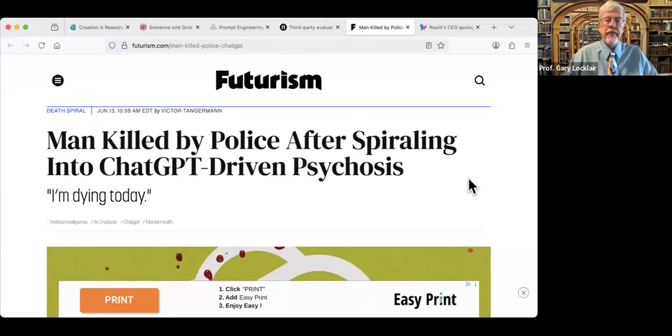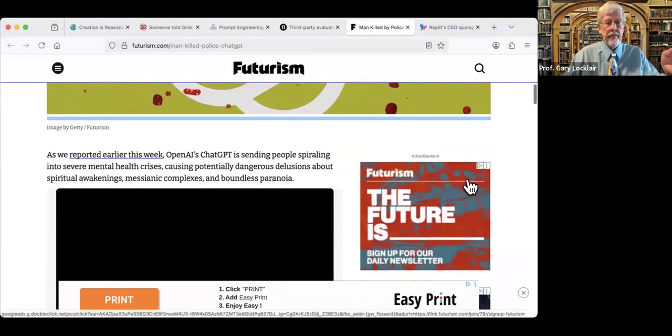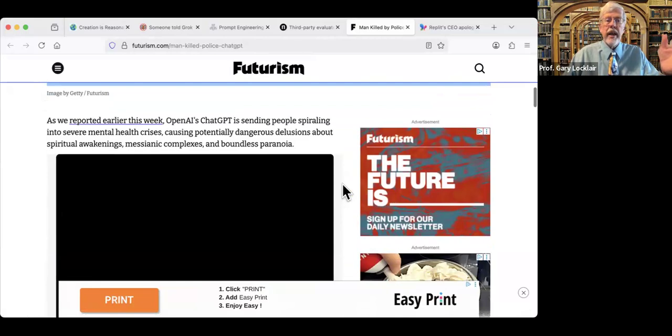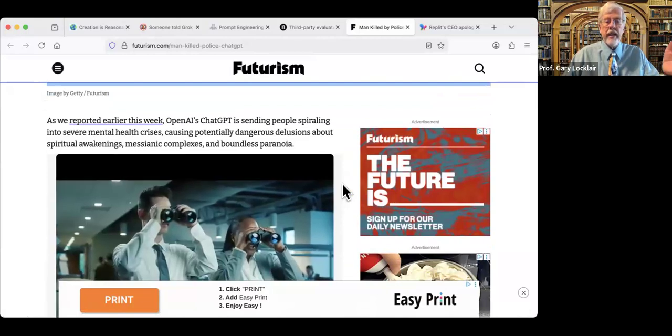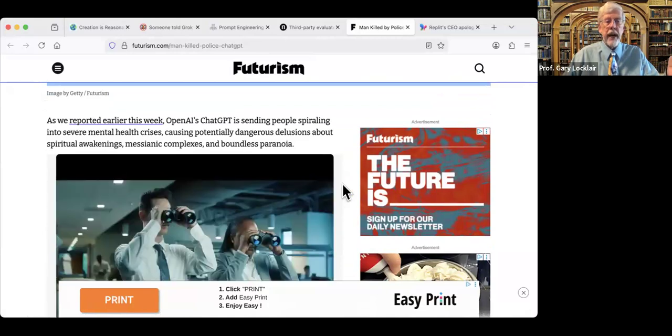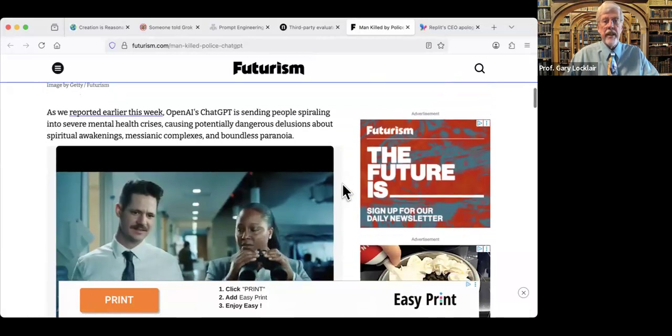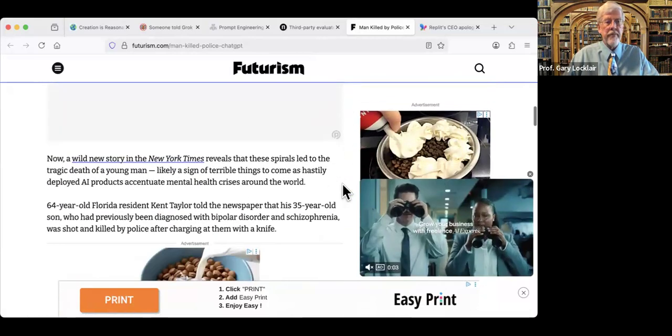Man killed by police after spiraling into ChatGPT-driven psychosis. AI is causing potentially dangerous delusions about spiritual awakenings, messianic complexes, and boundless paranoia.